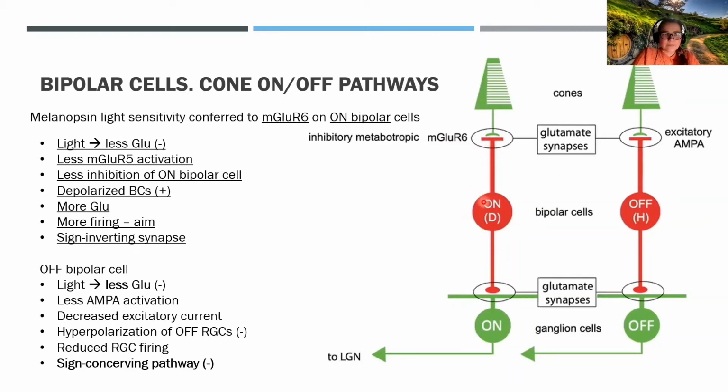So the bipolar cell is more activated, and because this cell is not inhibited, it fires more and releases more glutamate, thus depolarizing the bipolar-cell-connected ganglion cell very well, and there is more firing. So we have a sign-inverting synapse where we started with less glutamate, less excitatory transmitter, and we ended up with excited ganglion cells and a big signal to the brain.